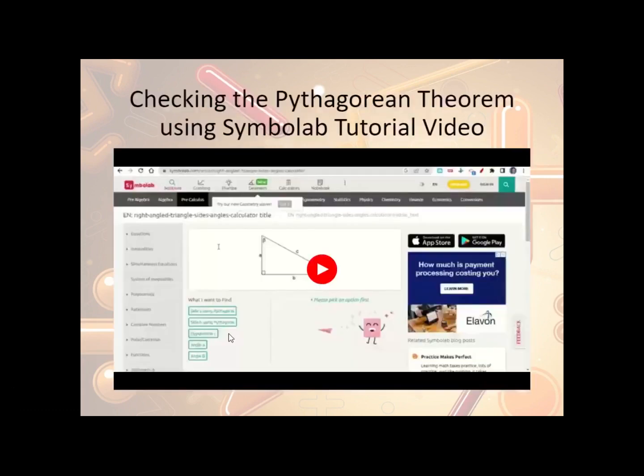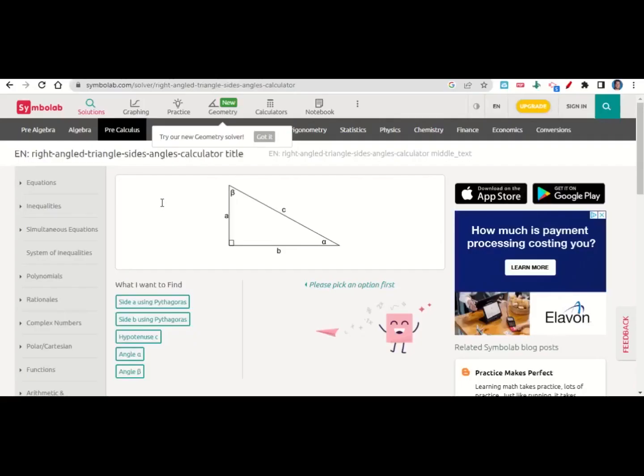Now there's a video here that shows you how you can check the Pythagorean theorem using Symbolab. So go ahead and watch that video now. Let's take a look now at how we can use Symbolab to check our work when dealing with the Pythagorean theorem. So we go to Symbolab, and we're going to go to where it says right-angled triangle, sides and angles calculator. So the first thing we need to figure out is which side are we trying to find? Are we trying to find A or B, or are we trying to find the length of C?